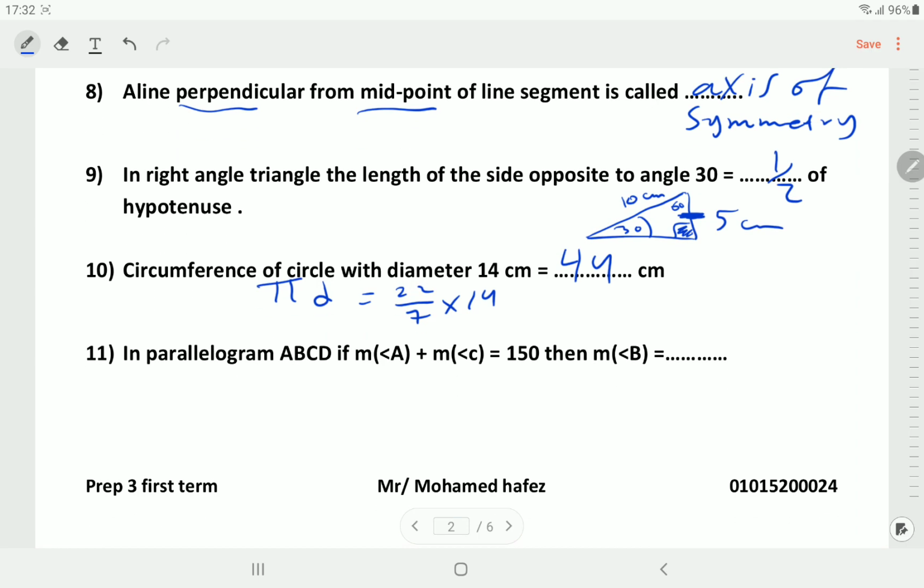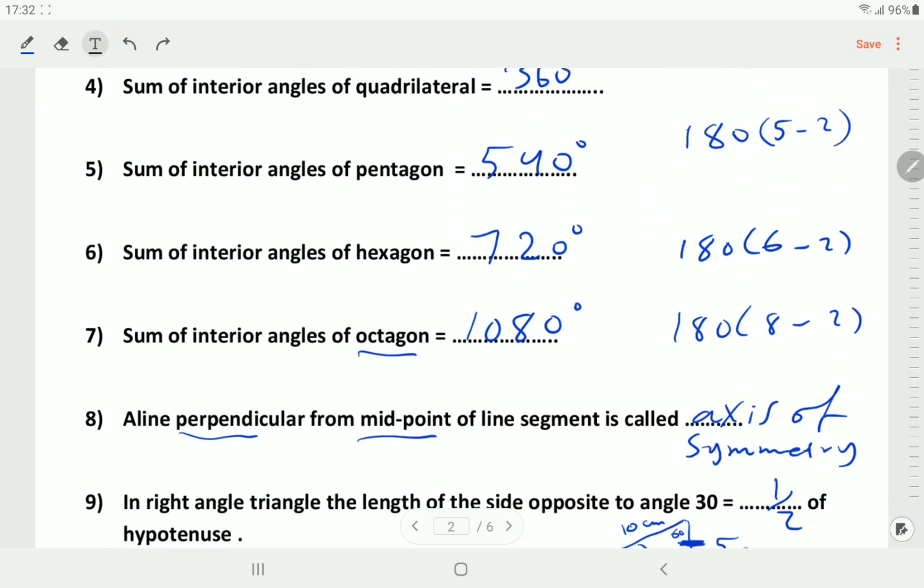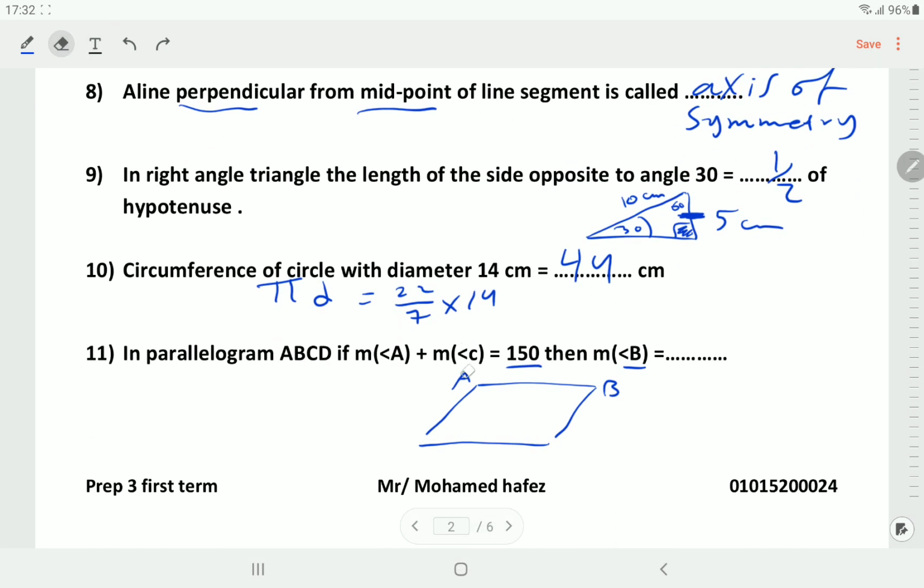In parallelogram ABCD, if the measure of angle A and angle C together is 150 degrees, then what about the measure of B? Don't forget, in a parallelogram we have angles A, B, C, D. The summation of angles A and C equals 150.